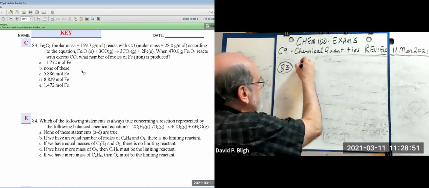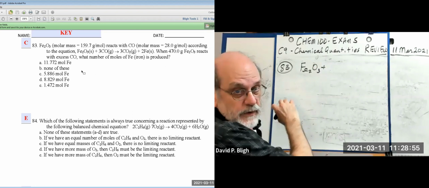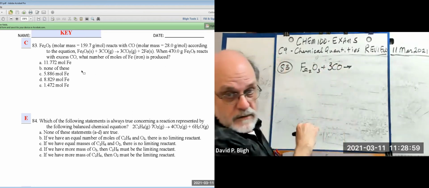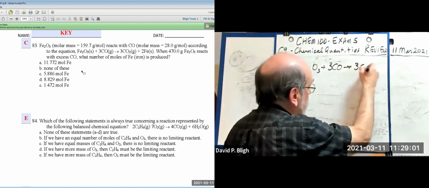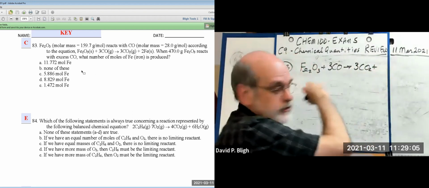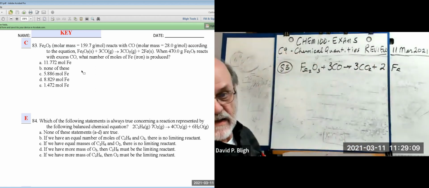Let's see. This reaction, Fe2O3 plus 3CO yields 3CO2 plus how much iron? 2. Okay.